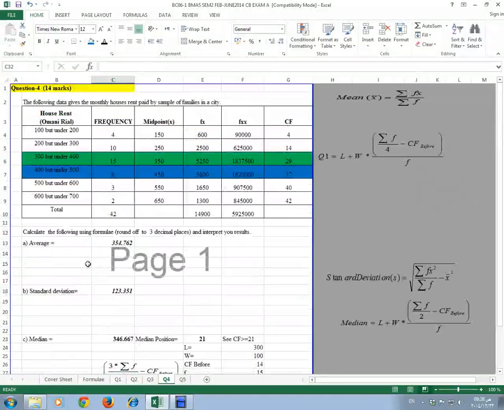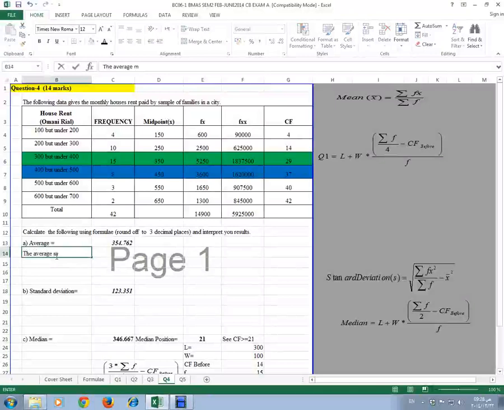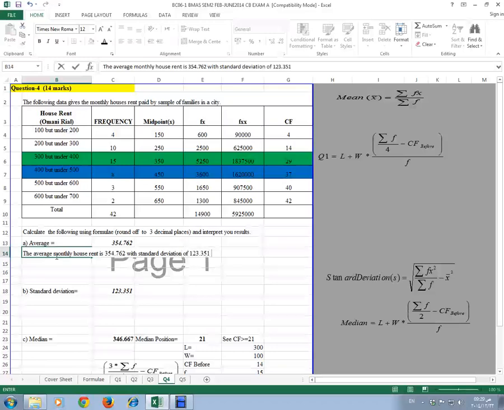Normally mean and standard deviation we comment on them together. So we say that the average monthly house rent is 354.762 with a standard deviation of 123.351 money reals.